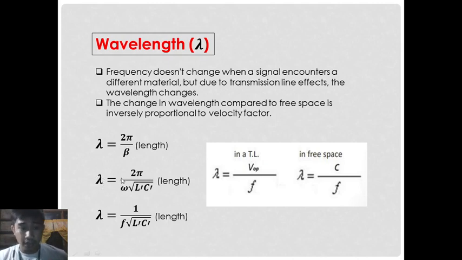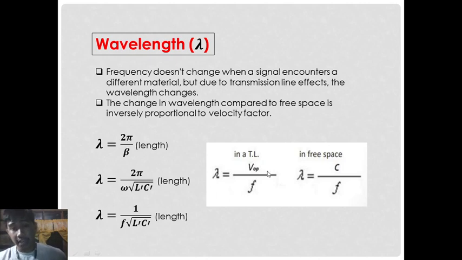Also, like this, wavelength is equal to 2 pi, and this symbol multiplied by the inductance prime and capacitance prime. As we know, this symbol here is equal to 2 pi f, so it will cancel the 2 pi, and it will result in the wavelength being equal to 1 over the frequency multiplied by the square root of the inductance prime and the capacitance prime.